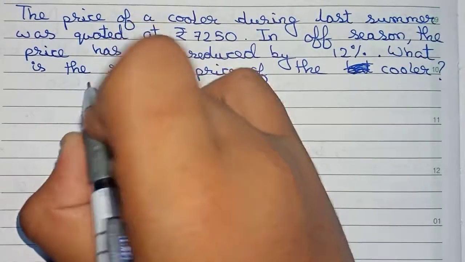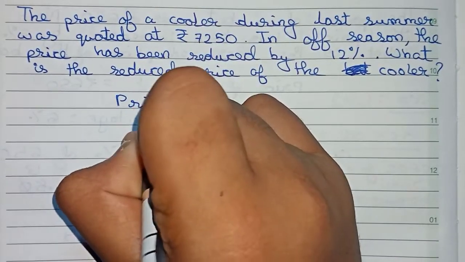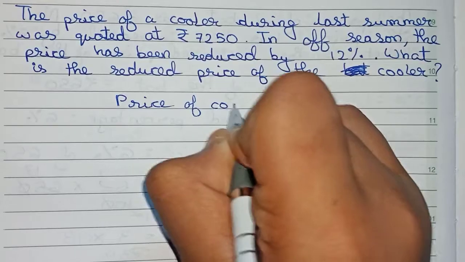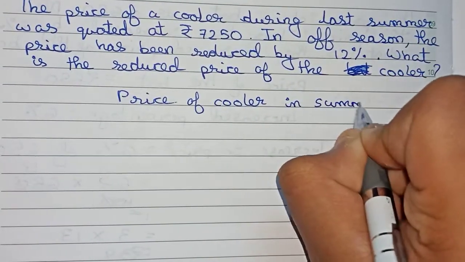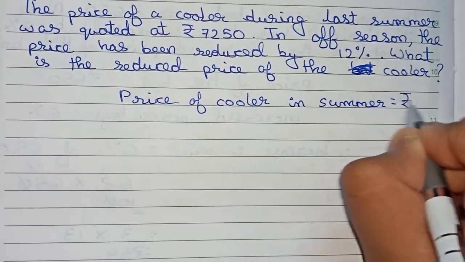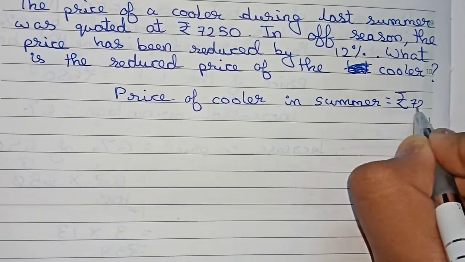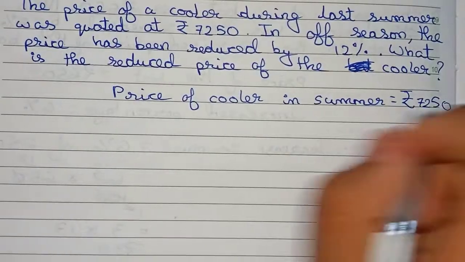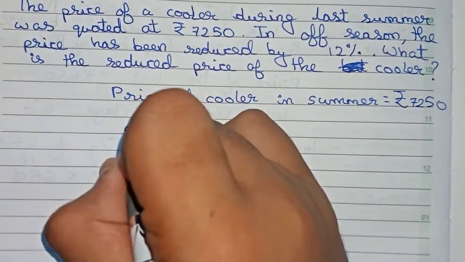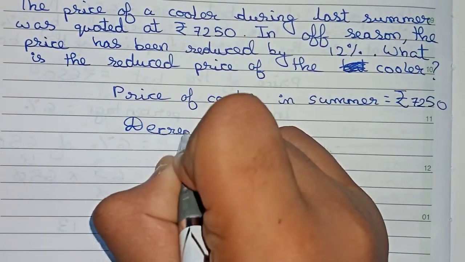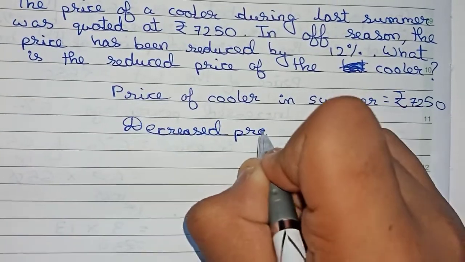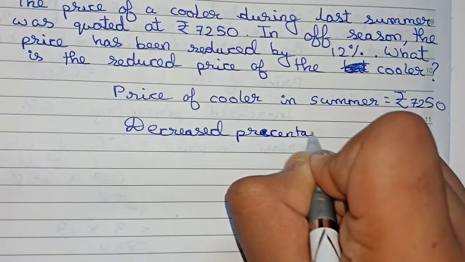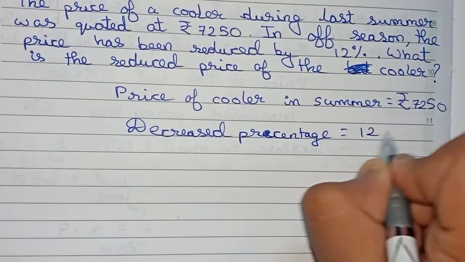So first we write price of cooler in summer equals, it is given, 7,250. Now the decreased percentage is given, it is 12%.